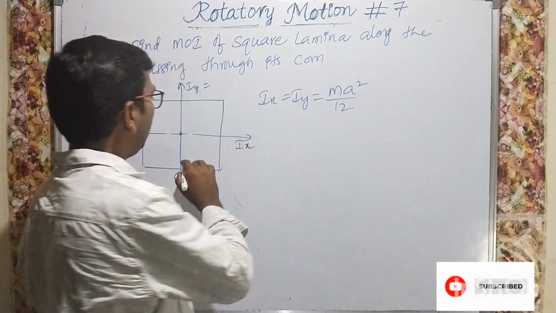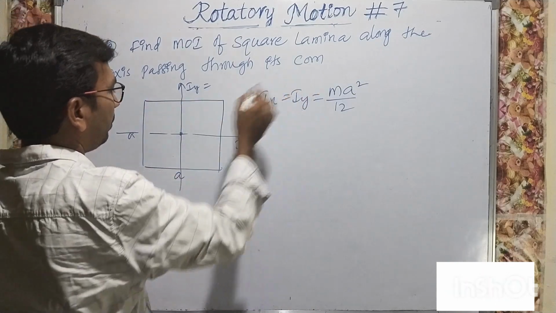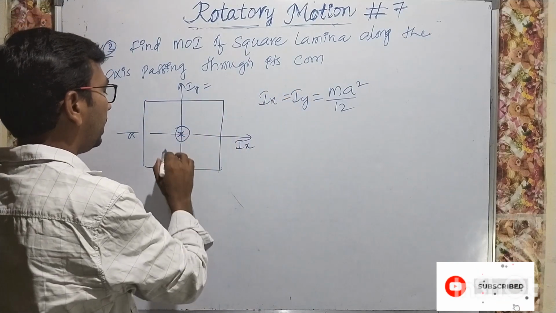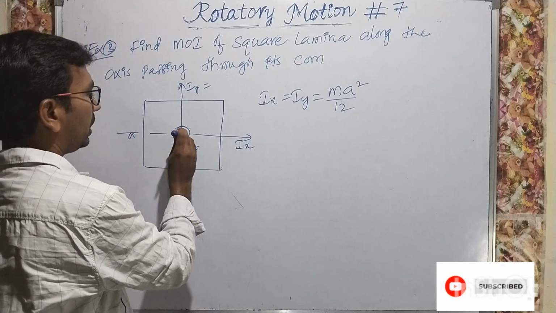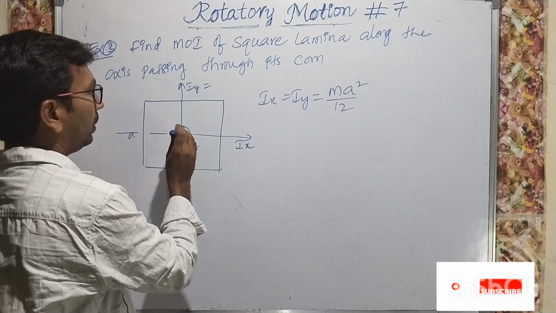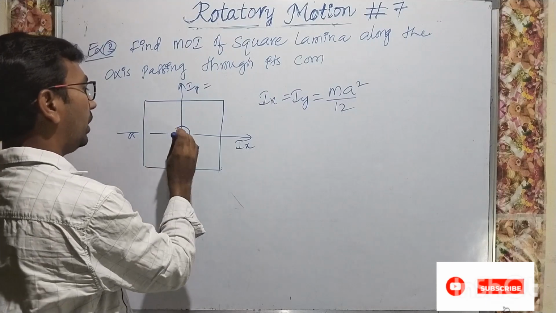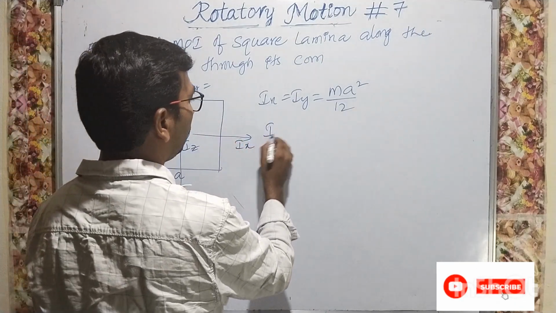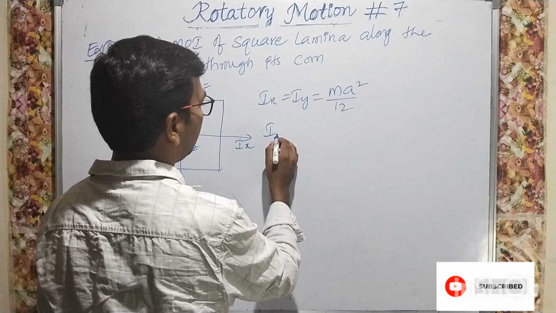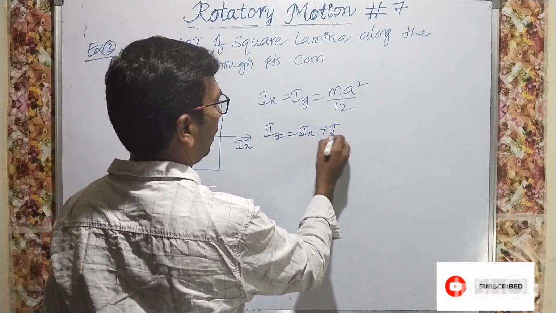Here what is asked is the axis perpendicular to the plane passing through the COM, which I will consider Iz. This z-axis is going like that. By using the perpendicular axis theorem, Iz is equal to Ix plus Iy.